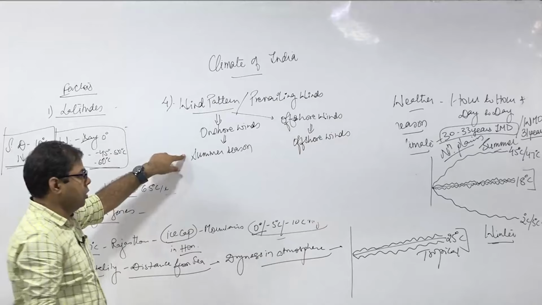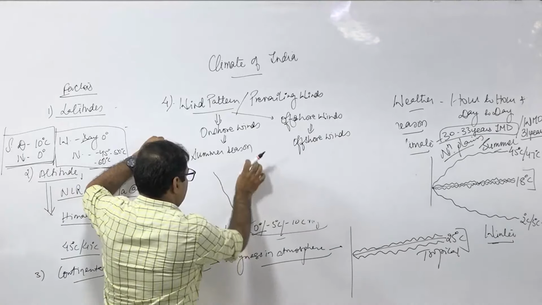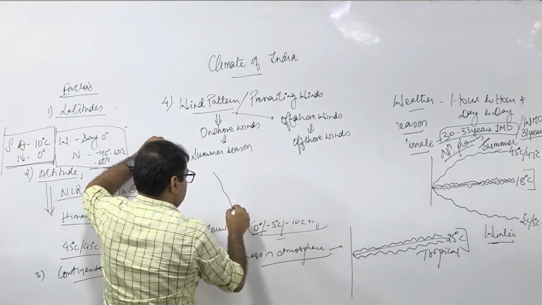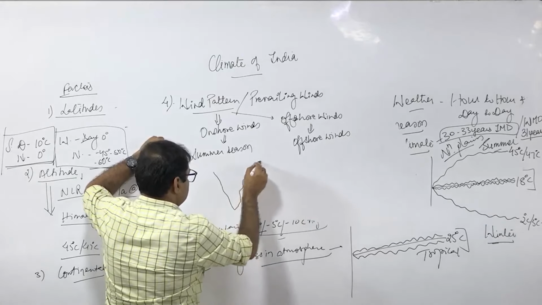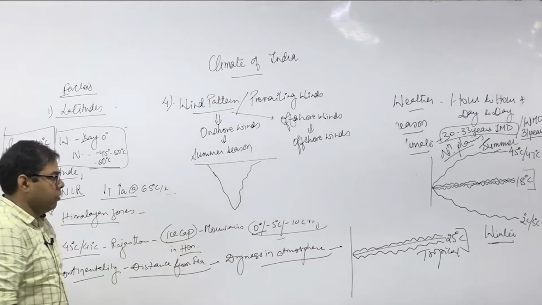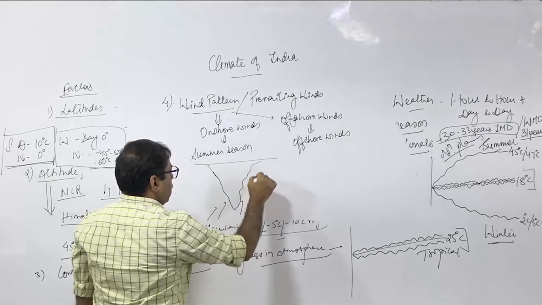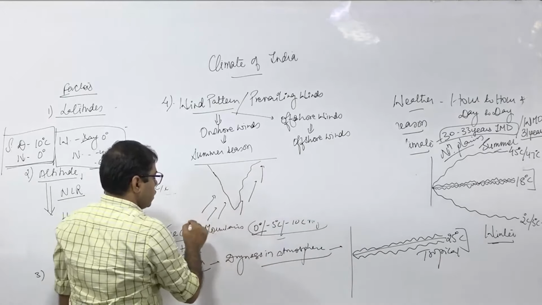Summer season, the India has been experiencing the arrival of wind from the oceans, right? The wind is coming from the oceans. कौन सा wind हो गया ये? It is coming from the equator.